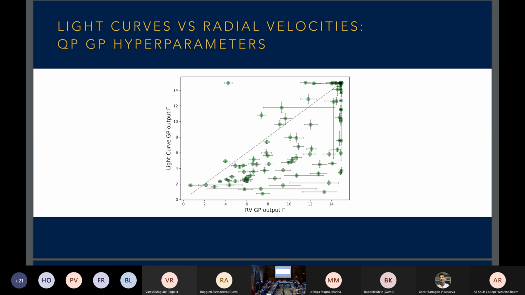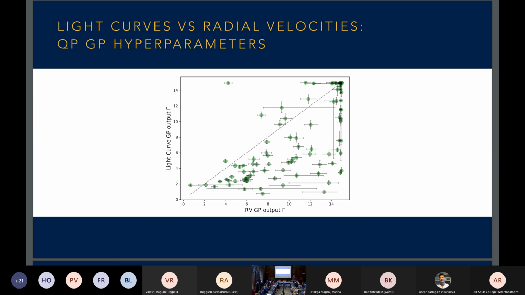Now this is, I guess, one of the big takeaway plots from this, and this is how well the harmonic complexity from your light curve matches the harmonic complexity of your radial velocities, and the answer is it doesn't. You get a systematically higher harmonic complexity in your radial velocity data than you do in your light curves.